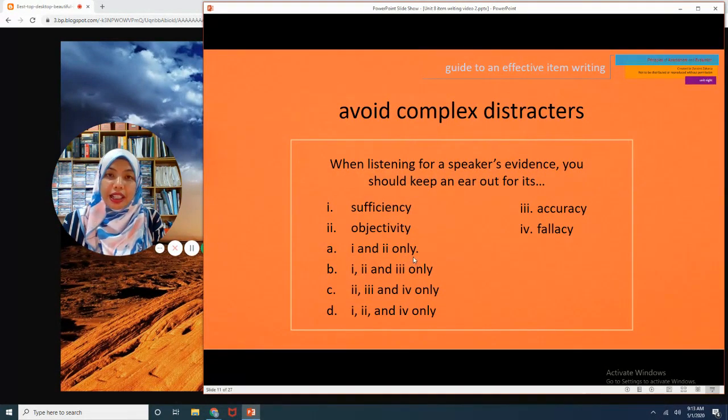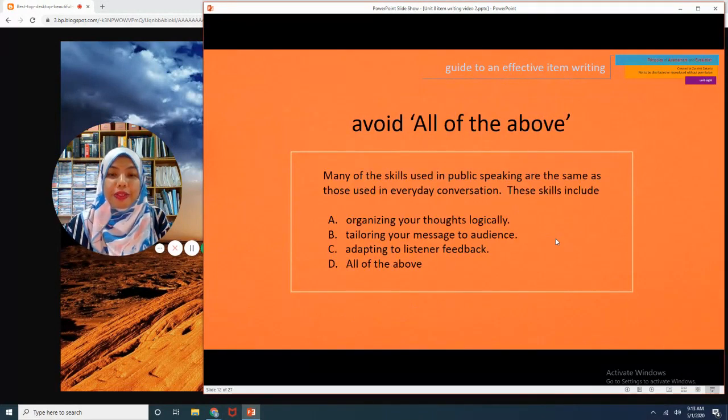So this is not an effective item because students might get to the wrong answer, not because they don't know the answer, but because they were confused with the question. They might have read the options wrongly, hence giving you the wrong answer. So we don't want that to happen. So please, people, do not include these items ever in your test.